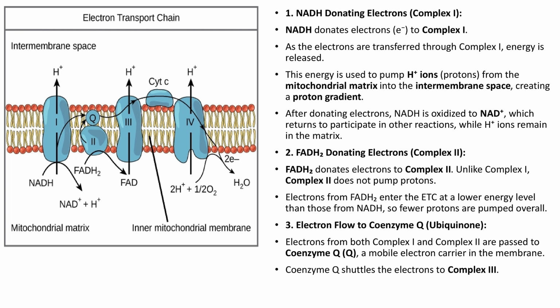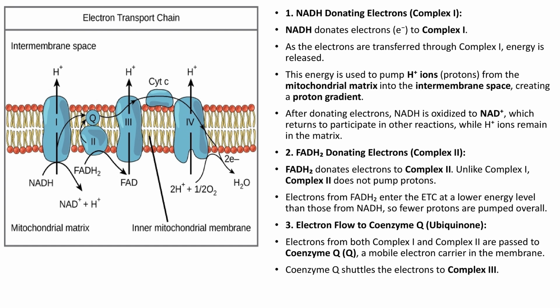Continuing on the detailed steps of the electron transport chain. Look at the diagram here. So first step, NADH donating electrons to complex 1. In the first step, NADH donates electrons to complex 1. As the electrons are transferred through complex 1, energy is released.